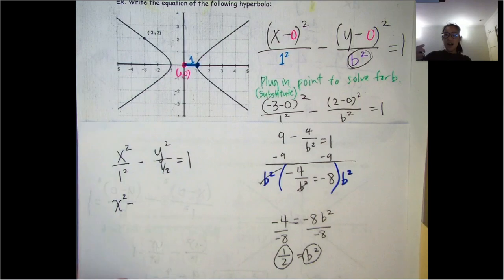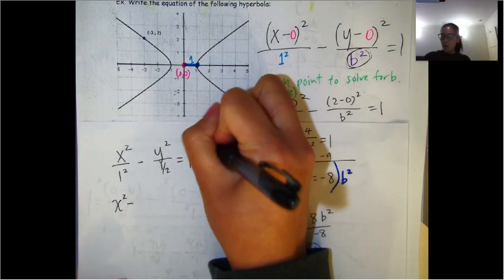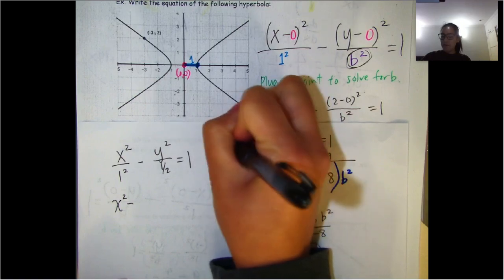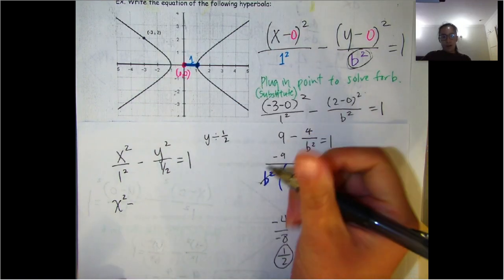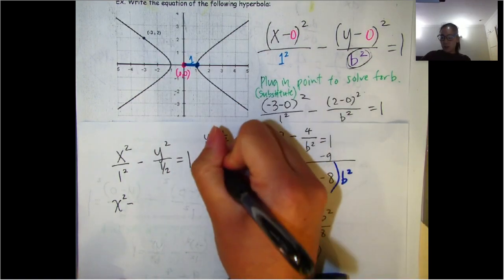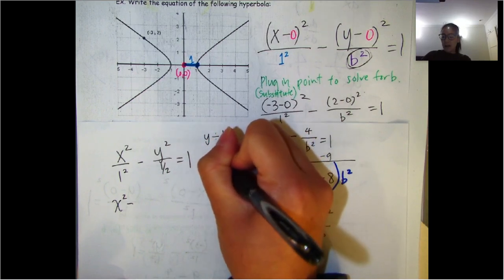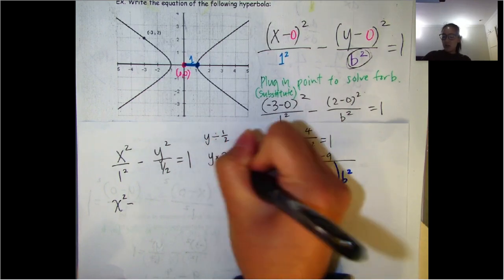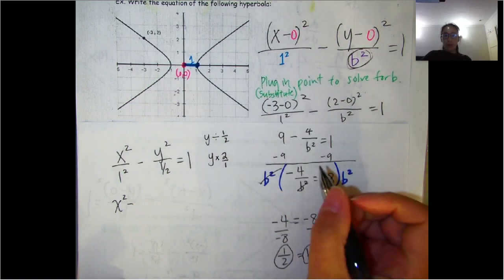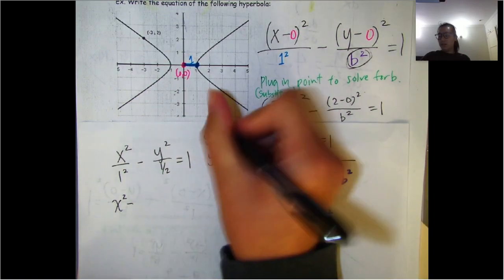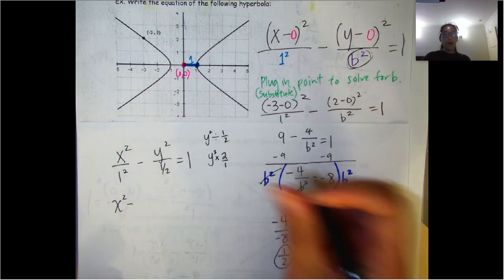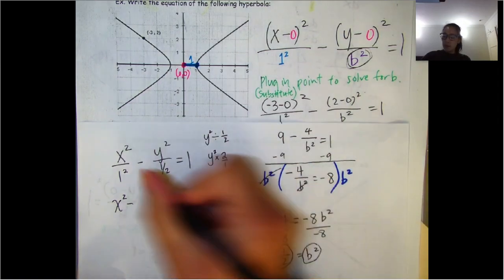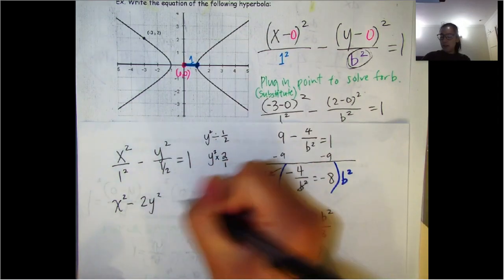And then when you divide by 1/2, if you remember how to divide fractions, it's the same as multiplying by the reciprocal. So that's y and then times 2 over 1. Y times 2 over 1 is just 2. Well, it's actually y squared. Both of these are y squared. But anyway, it's going to be 2y squared. So minus 2y squared equals 1.